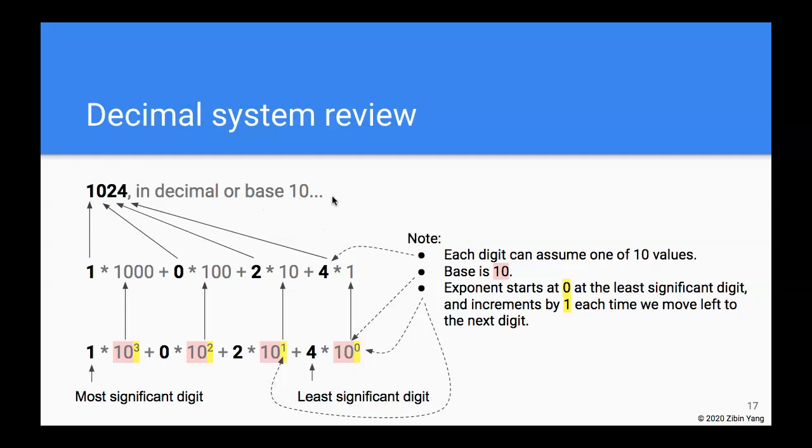In this case, because we're in the decimal system, we're using base 10, raised to a certain exponent. And the exponent starts at 0 at the least significant digit and increases by 1 every time we go to the digit on the left.